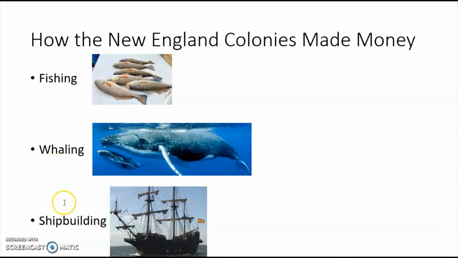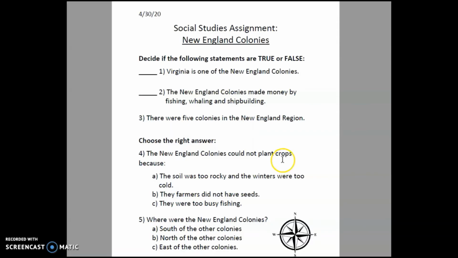Now we should try to look at our assignment. Okay, so here's our assignment. Social Studies assignment. New England colonies. Decide if the following statements are true or false. Virginia is one of the New England colonies. You figure that out.